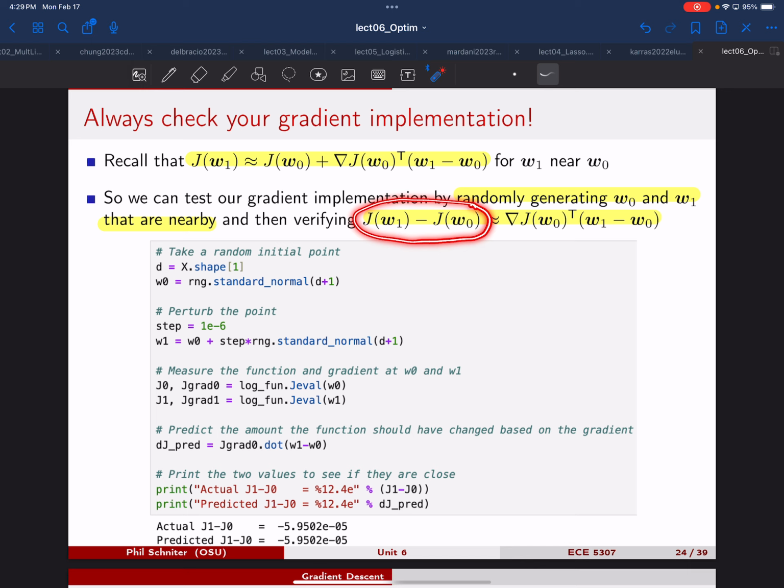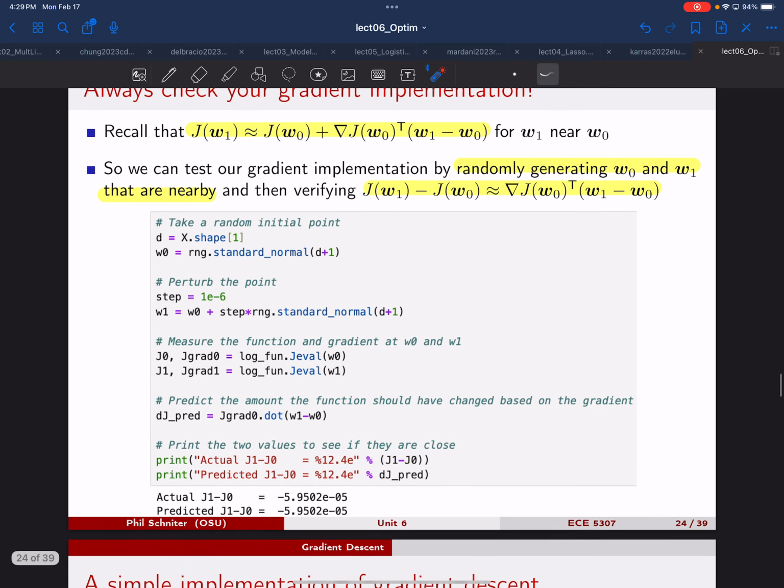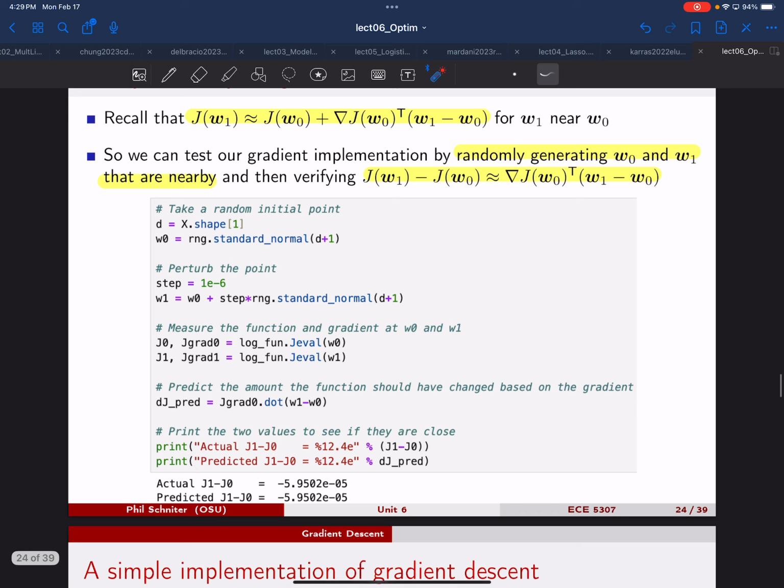For that latter quantity, we're just computing that directly here as a difference between those costs, and we're printing out these two terms. When we print them out, the value itself is not really important. What's important is that the two versions of this, the predicted and the direct, are consistent to looks like 5 decimal points, 5 digits of precision at least.